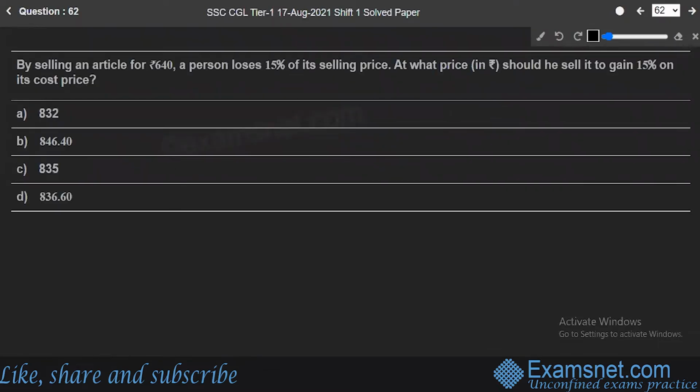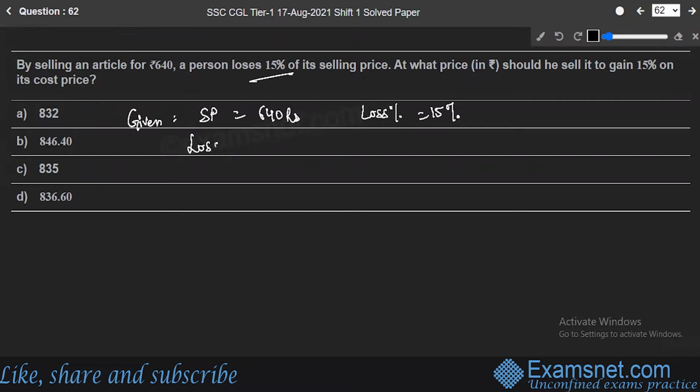By selling an article for 640 rupees, a person loses 15% of its selling price. At what price in rupees should he sell it to gain 15% on its cost price? See, in this question, you are given selling price 640, then you have a loss of 15%, right?